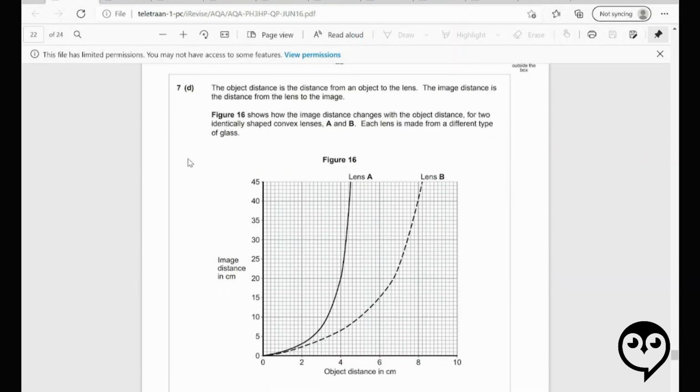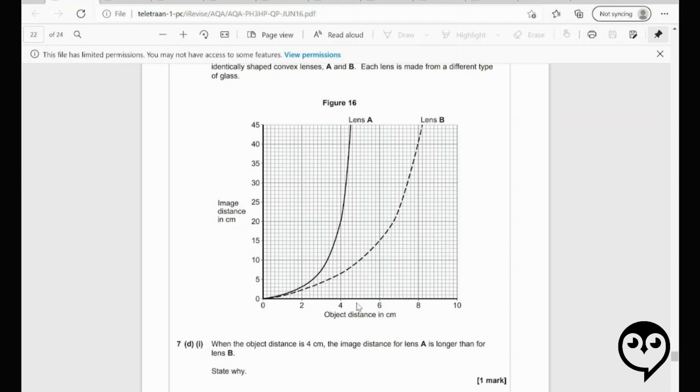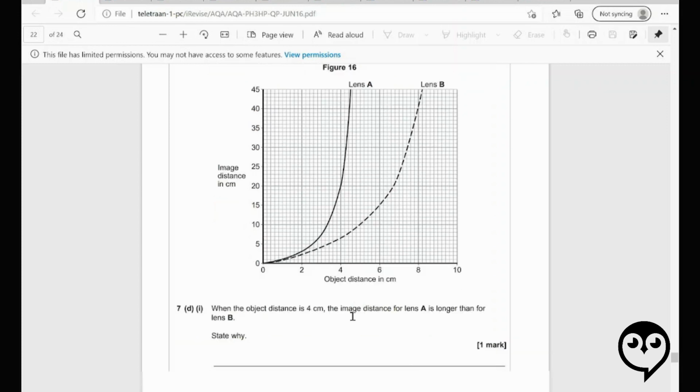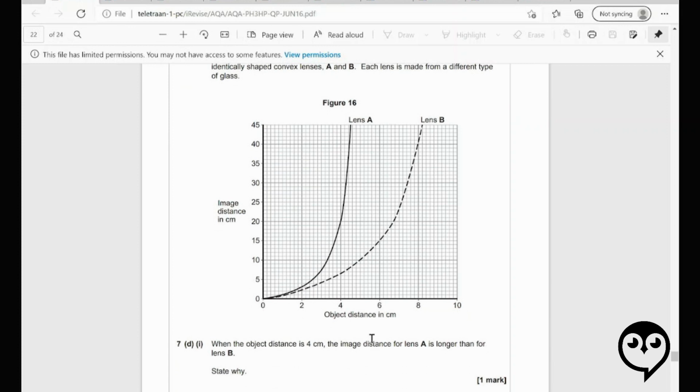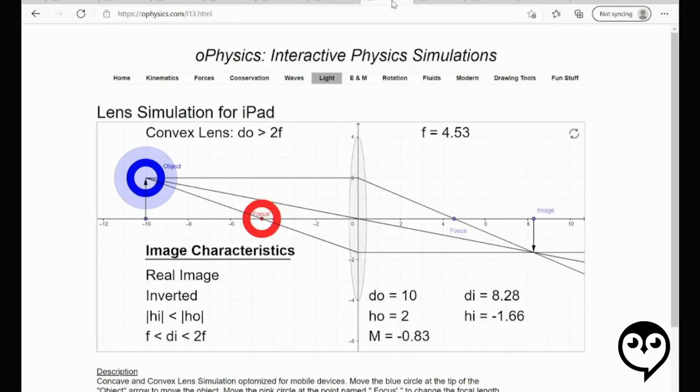Okay, part D here. So this is a graph here of image distance to object distance, and they're telling you that when the object distance is at 4, the image distance for lens A is longer than for lens B. Okay, state why. It's 1 mark. Okay, so the image distance, so this means this object's further away. So I was having a look over here.